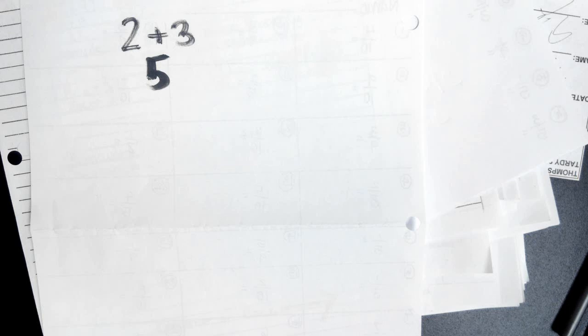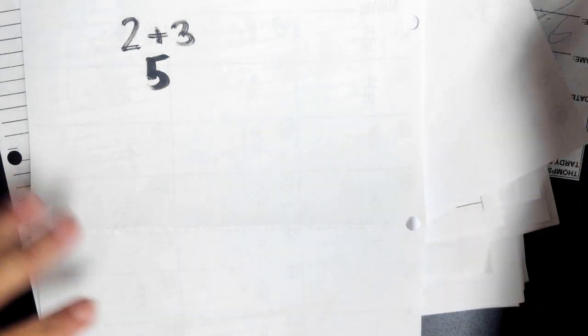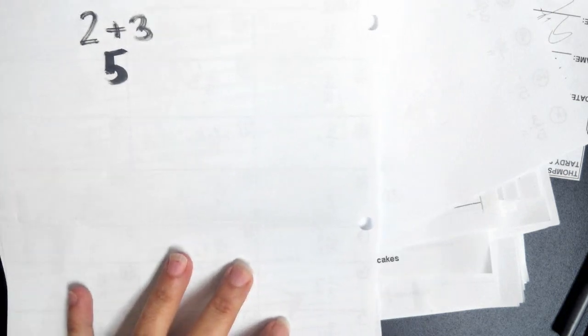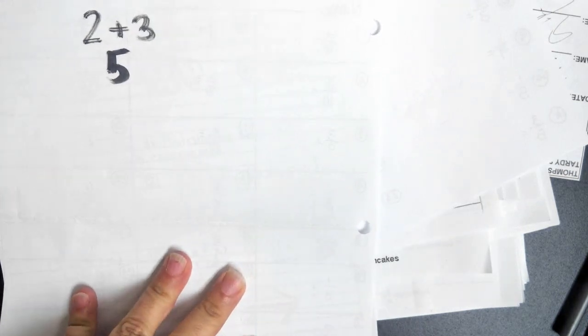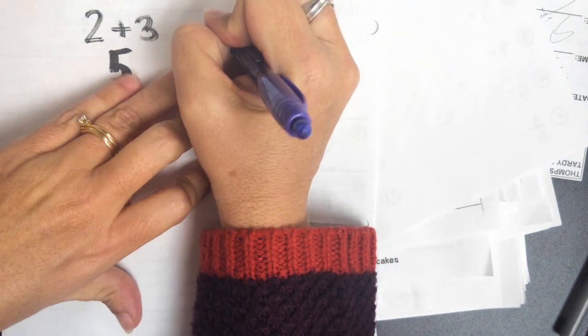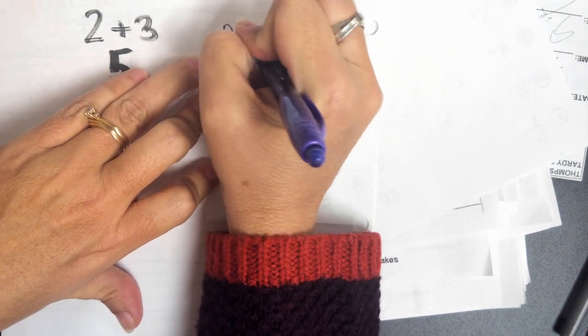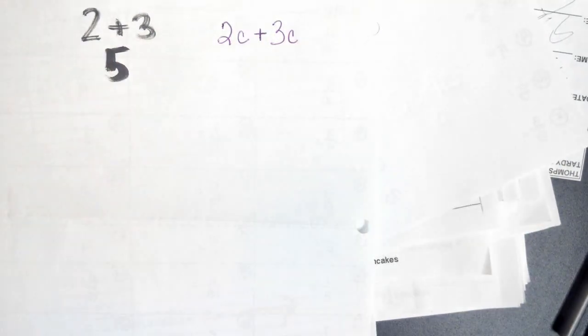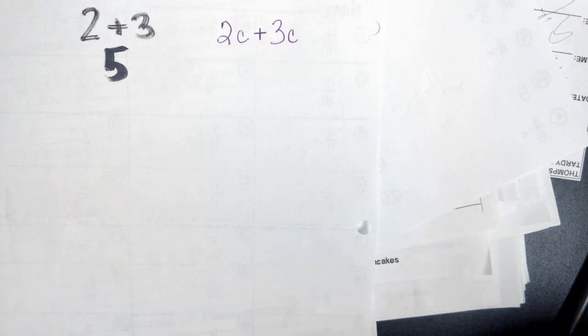There's just a few different things that we have to talk about. The first one is, we know a variable is a letter. The key is we're not going to know what that letter stands for. So, we can have something as easy as 2C plus 3C. Well, listen, those are called like terms.